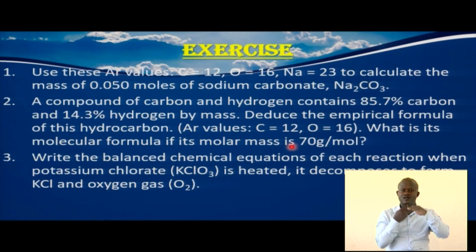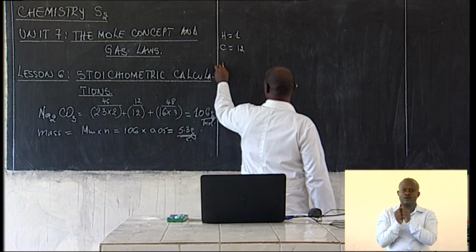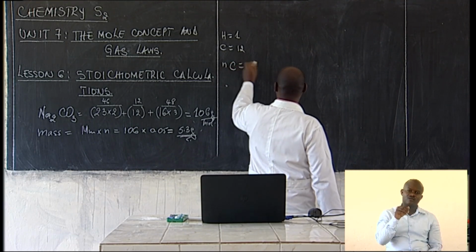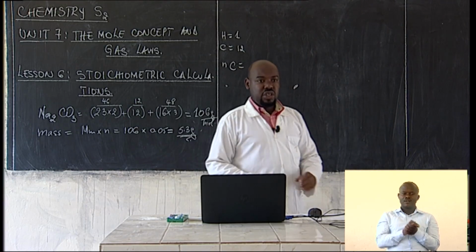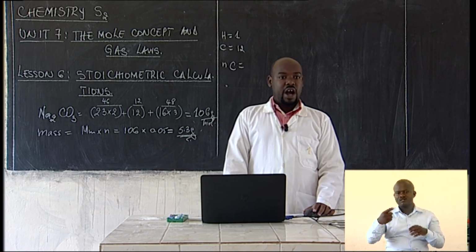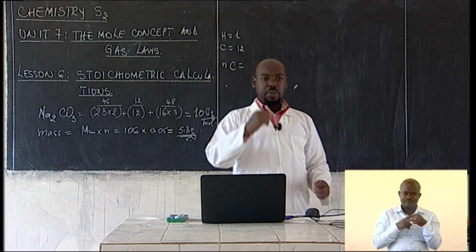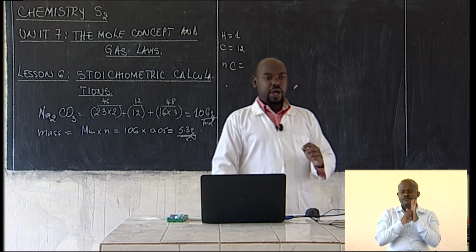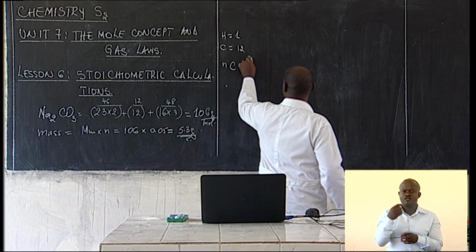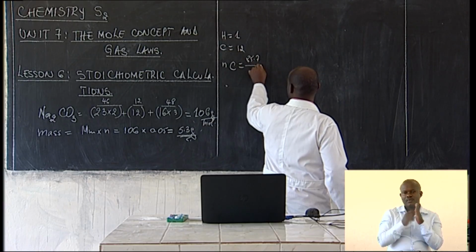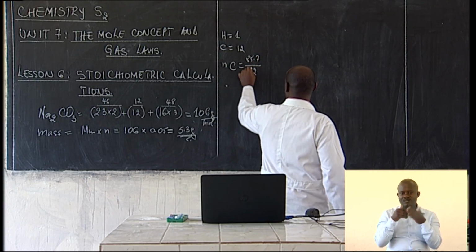So let's start with the number of moles. For carbon, the percentage is 85.7. So in a sample of 100 grams, we have 85.7 grams, which is for carbon.